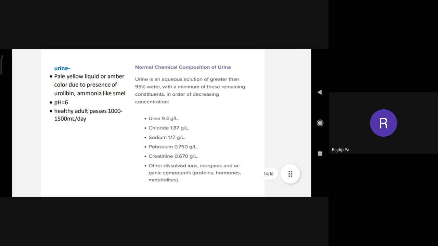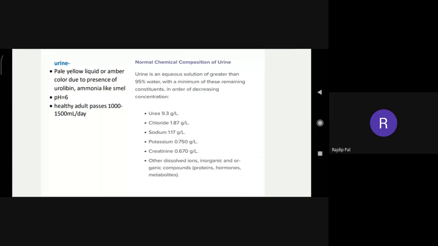Now, normal chemical composition of urine. Urine is an aqueous solution of greater than 95% water, with these constituents in order of increasing concentration. So what are these constituents?